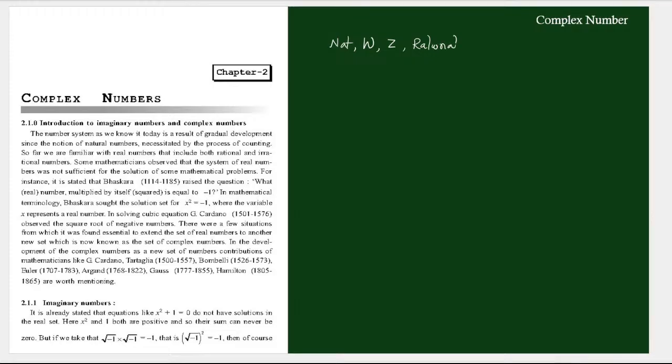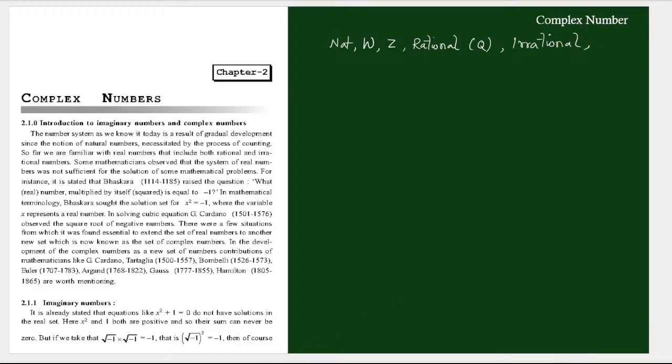Q, the rational numbers, are denoted by Q. Then in your class 9, you came across irrational numbers. The same thing you will get in class 10, irrational numbers.